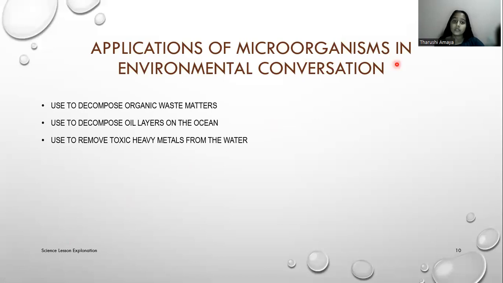Application of microorganisms in environmental conservation. They are used to decompose waste metals, used to decompose oil layers on the ocean, and used to decompose toxic and heavy metals from the water.